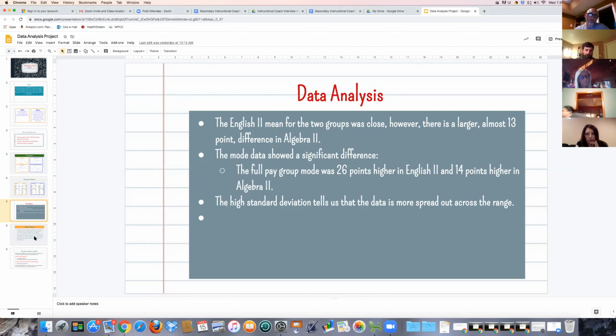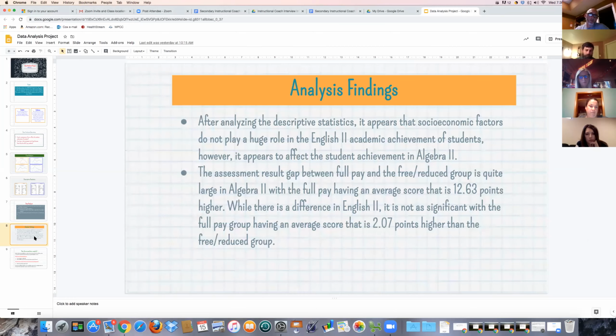For my findings, and to be honest, I don't understand this part. Obviously, a lot more goes into this than my little analysis of this, but the socioeconomic factors didn't seem to play a huge role in English academic achievement, but it definitely did in Algebra 2. I found that ironic because I always struggled in math, so I thought, well, of course it did.